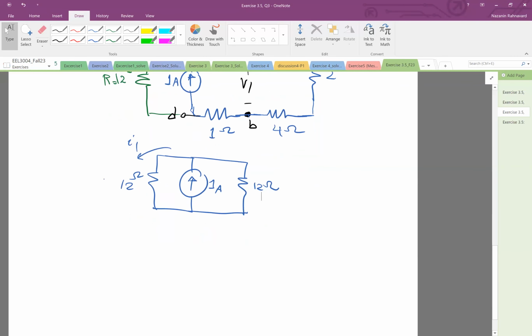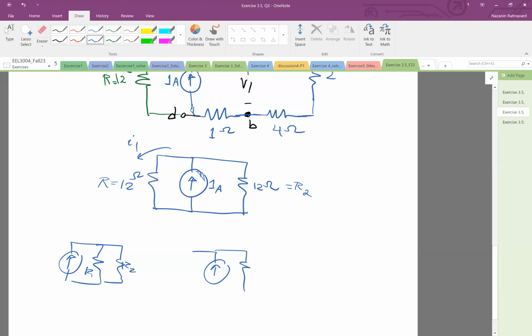Let's call this R2. So the one current source and two parallel resistors. It doesn't matter how it looks, the current division with R1, R2 looks like this.